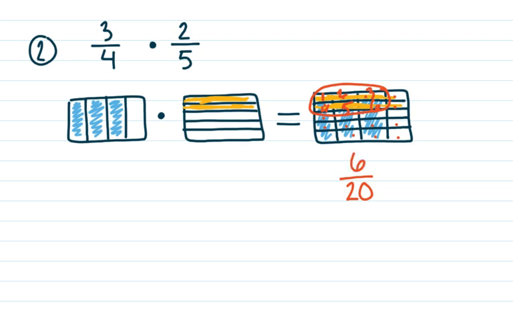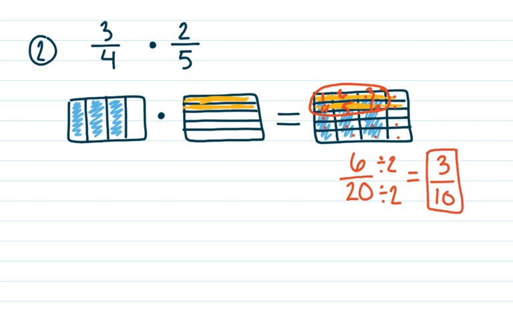So my final answer is going to be 6/20ths. Now again, we can reduce that. We can simplify that into an equivalent fraction that has lower terms. To do that, I'm going to divide the top and bottom number of my fraction, so my numerator and my denominator, by 2, and so my final answer is going to be 3/10ths.